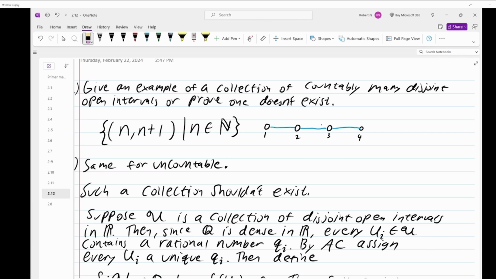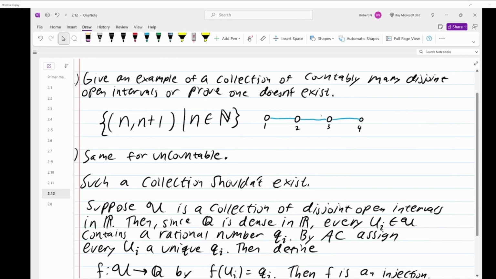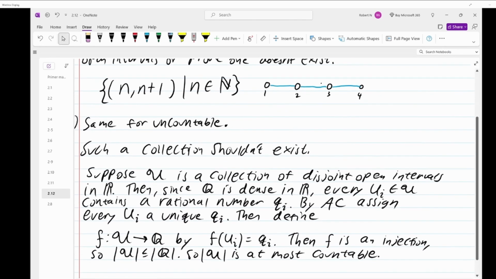So we have a function, let's just call it f. f goes from script U to blackboard Q, and f of U_i equals q_i for every element of script U. If we define a function f from script U to Q by f of U_i equals q_i, then f is an injection.